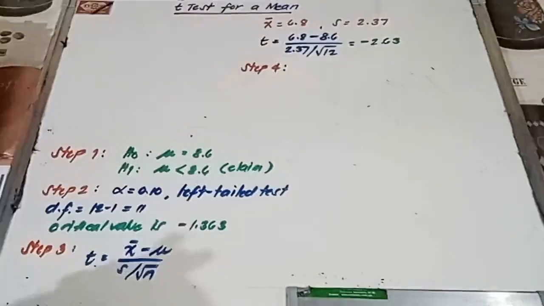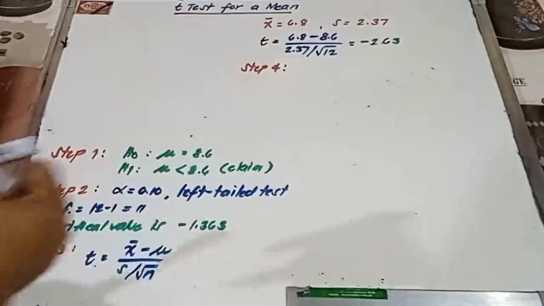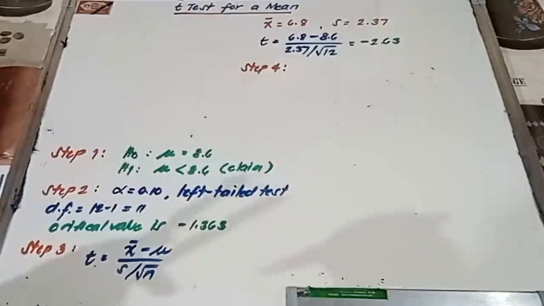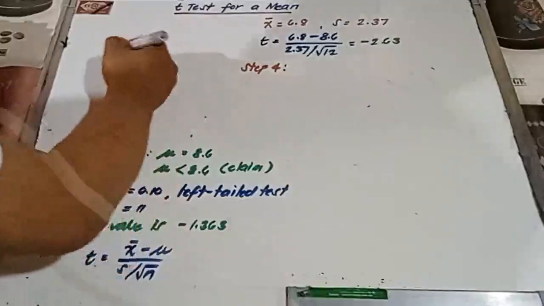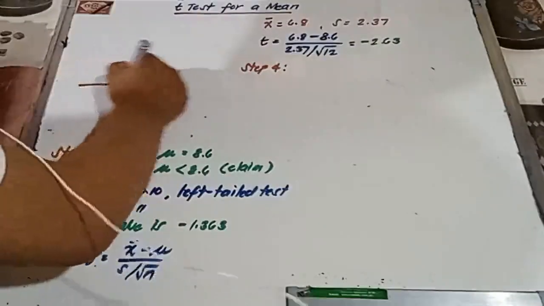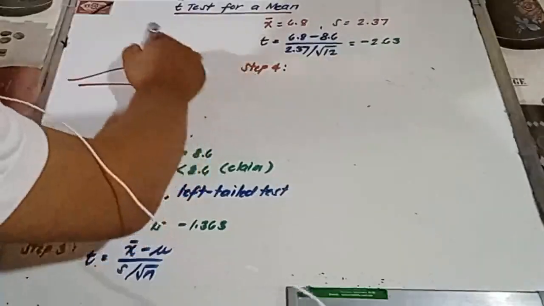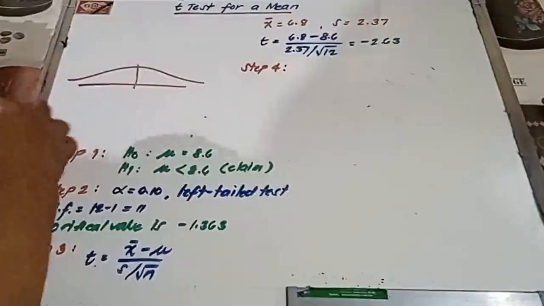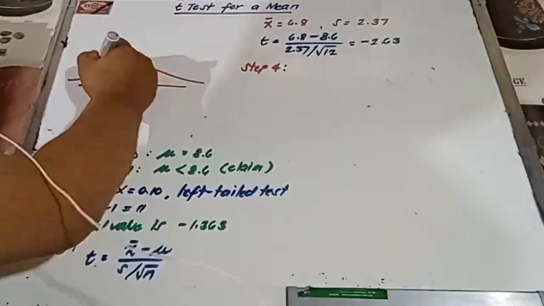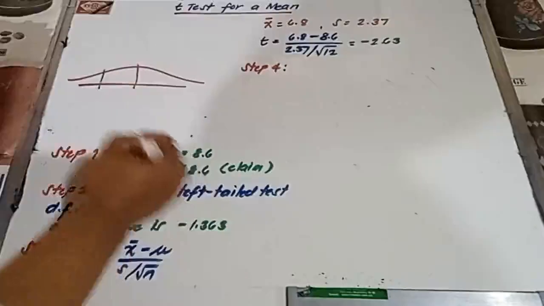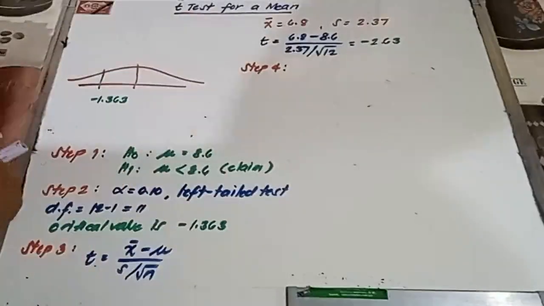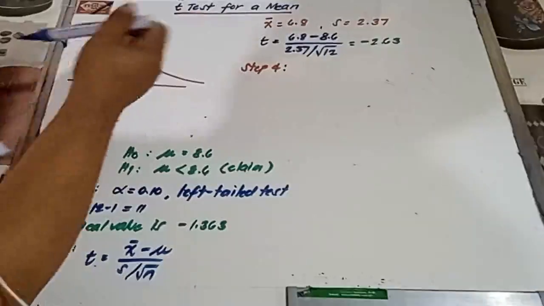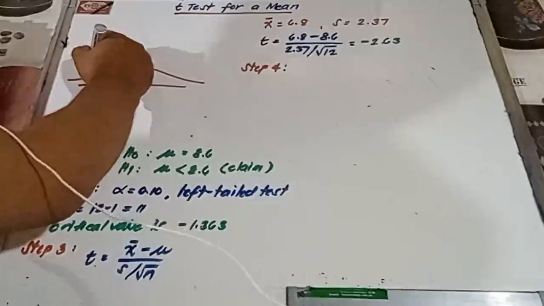So, siya ay nasa rejection region. Okay? So, ganito siya. Ito yung ating critical value na negative 1.363. At ang ating computed t-value ay naandito. Mas malayo pa.